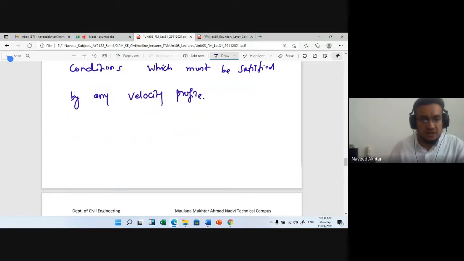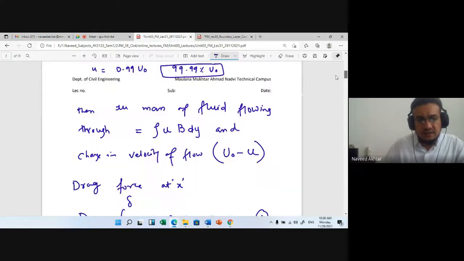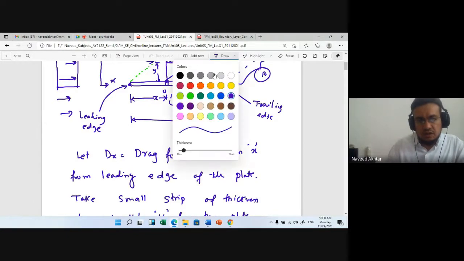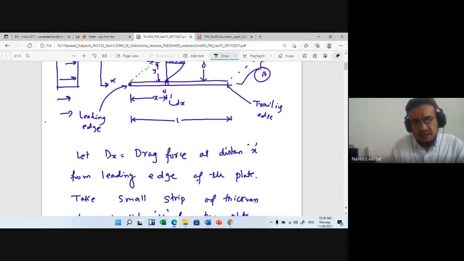So what are the boundary conditions we can take? First, at y is equal to 0, a distance y from the flat plate, if I say that this is our figure, here this distance, at y is equal to 0, at this place, the velocity is also 0 inside the boundary layer.